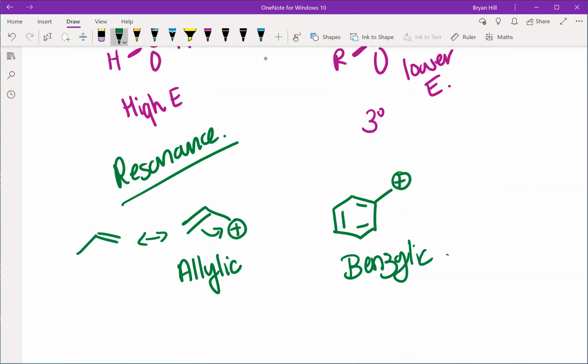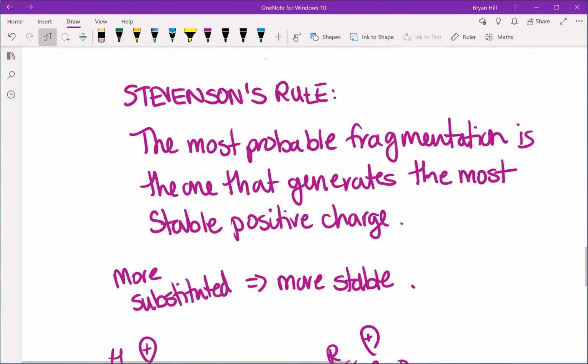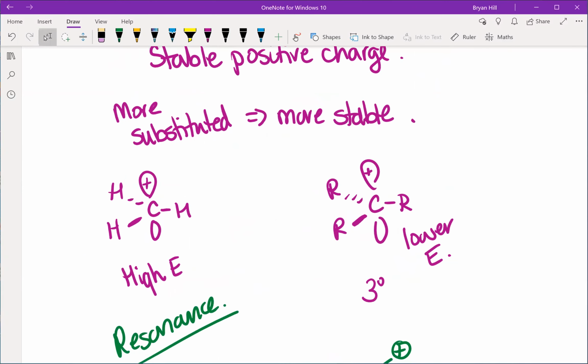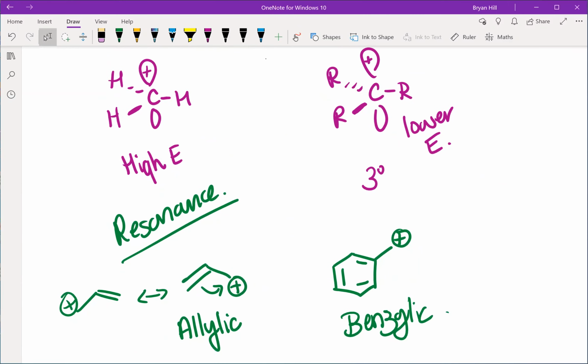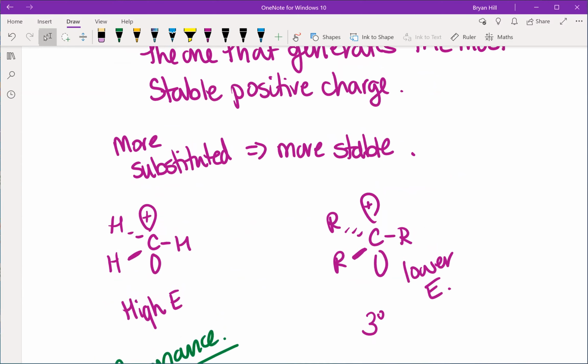Remember, resonance provides stability, and this positive charge can be shared over the entire ring here. So with Stevenson's rule, basically the most probable fragmentation is the one which generates the most stable positive charge. Tertiary, benzylic or allylic carbocations would all be, so you could basically make a chart from more stable to less stable, or more probable to less probable.